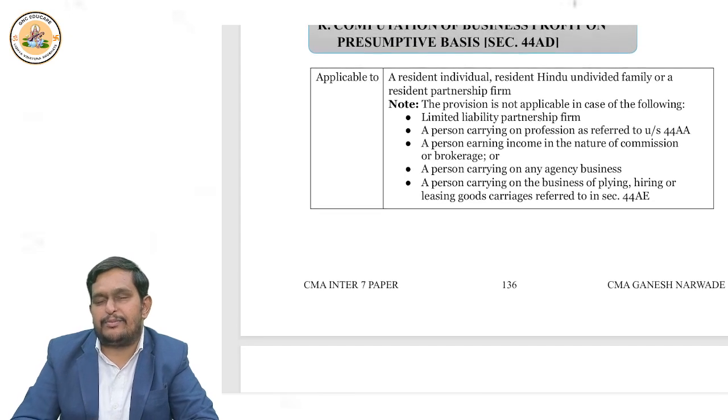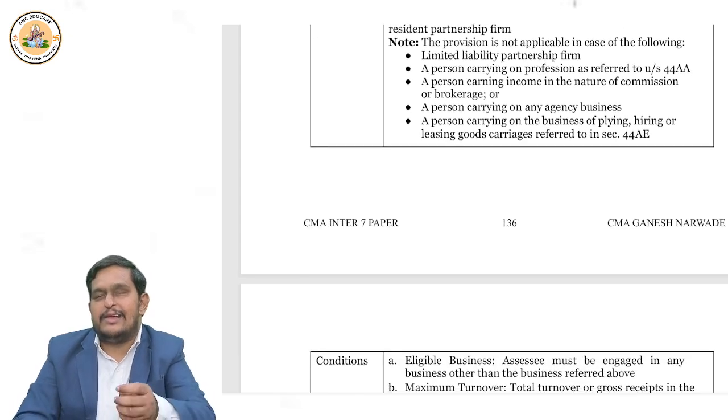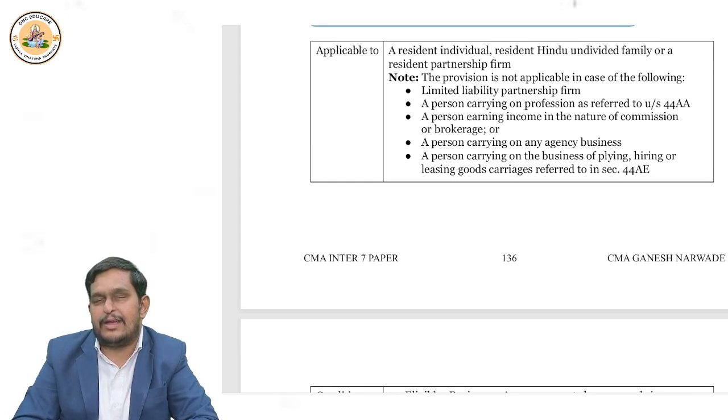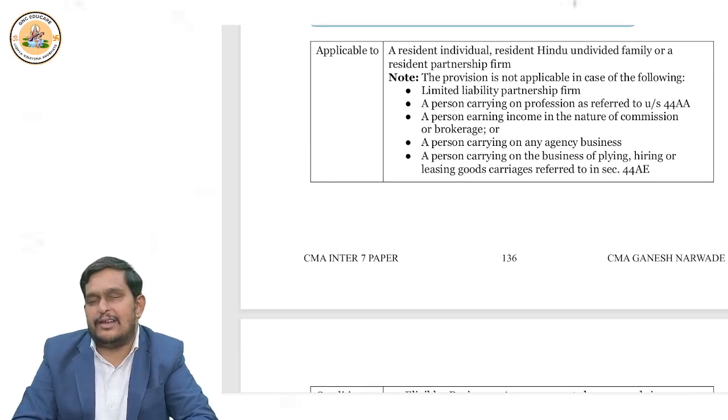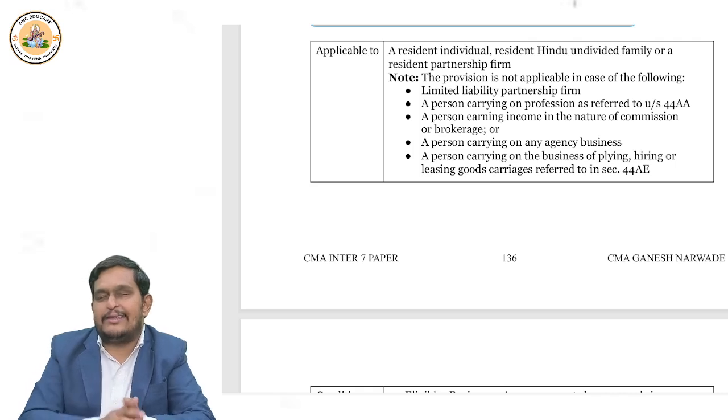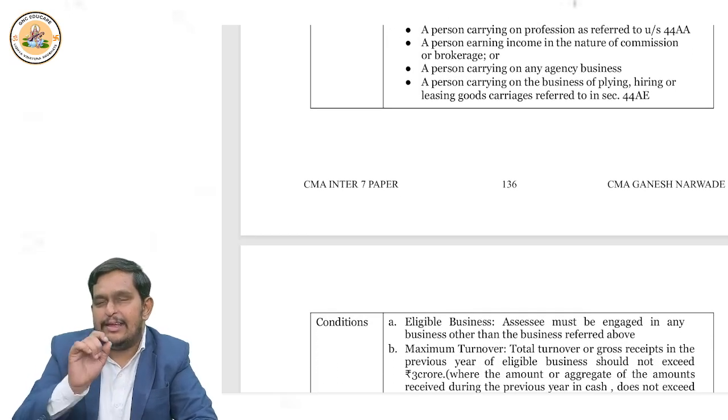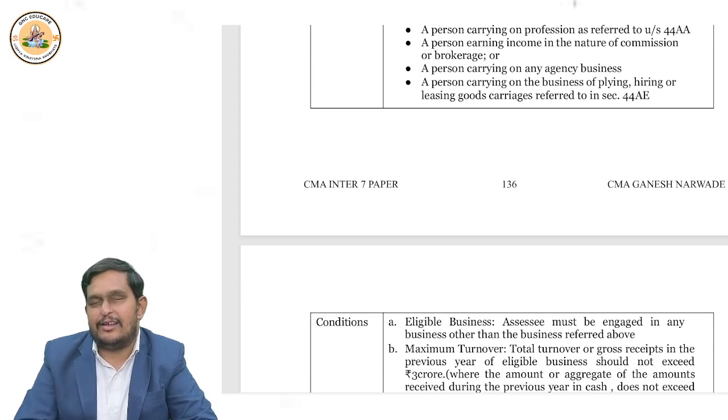Plying, hiring, leasing goods carriage vehicles are covered under section 44AE, so section 44AD doesn't apply. Then what happens to these people? 44AD doesn't apply.